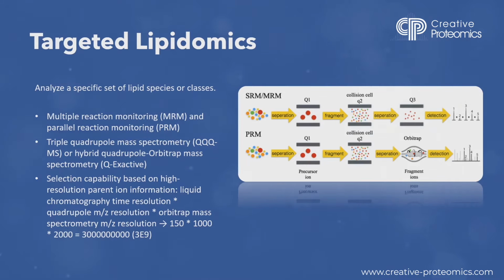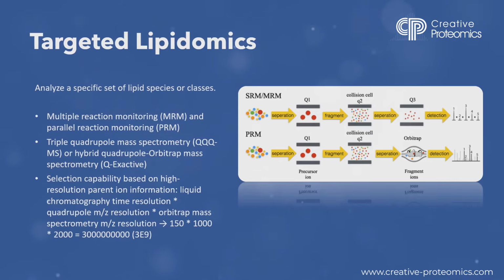To achieve targeted lipidomics, researchers employ various analytical techniques, including mass spectrometry-based approaches. These techniques offer high sensitivity, specificity, and the ability to quantify targeted lipid species accurately. Notable methods include multiple reaction monitoring and parallel reaction monitoring, which enable precise quantification of specific lipid species of interest.